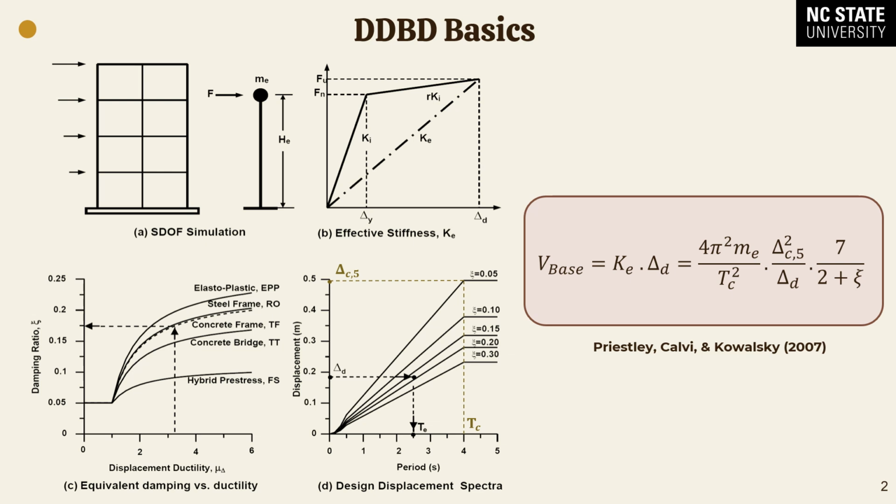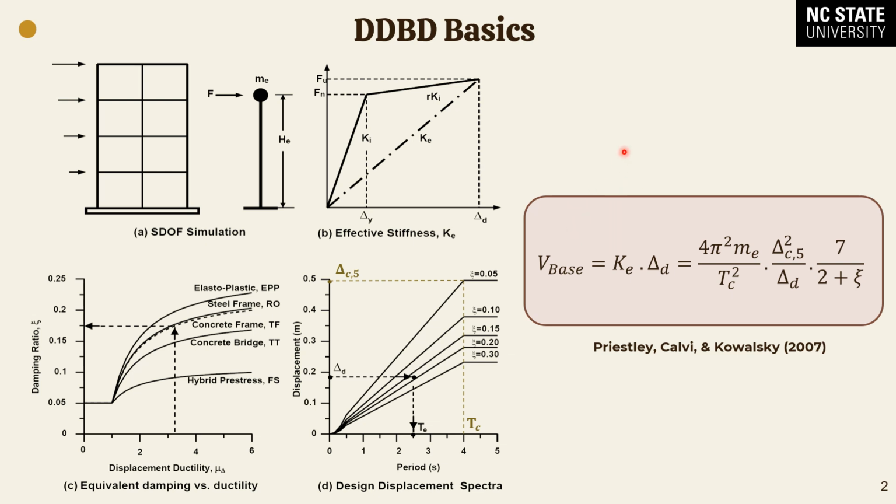It utilizes the substitute structure approach to define the nonlinearity of the system with equivalent properties of effective stiffness and equivalent damping. And through the combination of those parameters and the selection of a target displacement, we can define the base shear equation for displacement-based design, which you can see here on the right.